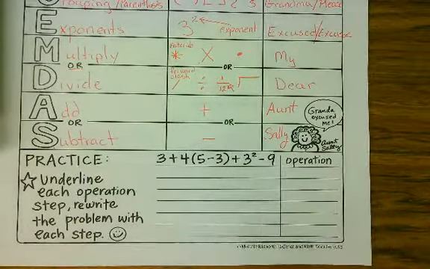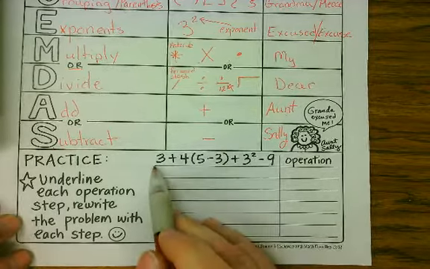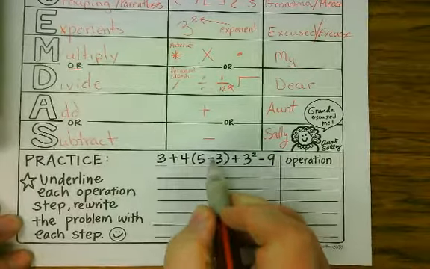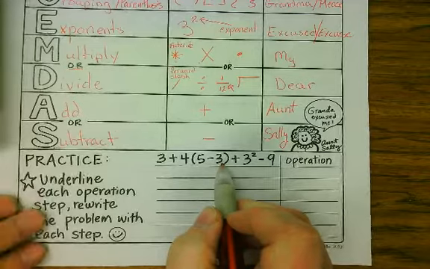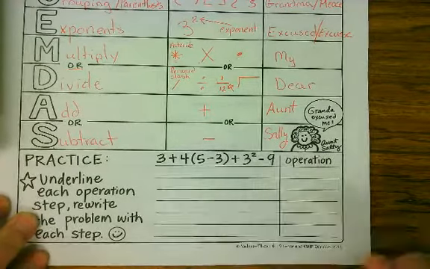Next part. So we need to practice doing exactly what we just said. So we find our parentheses in our equation first, starting from the left, going to the right. We see we have a 5 minus 3. So we want to adjust that 5 minus 3.